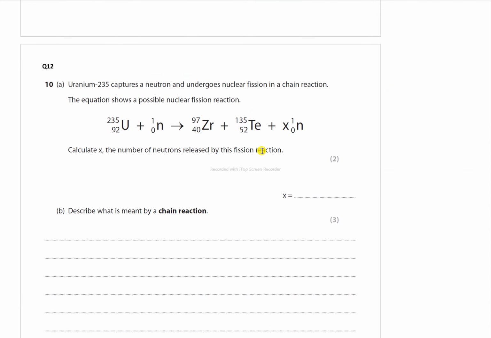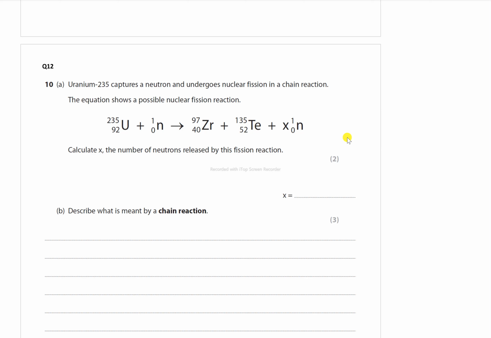Let's move on. Okay, uranium-235 captures neutrons and undergoes nuclear fission. Fission is splitting up, fusion is joining. Right, uranium plus a neutron breaks down into this, and so many neutrons.